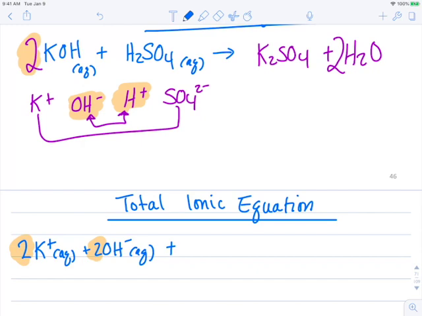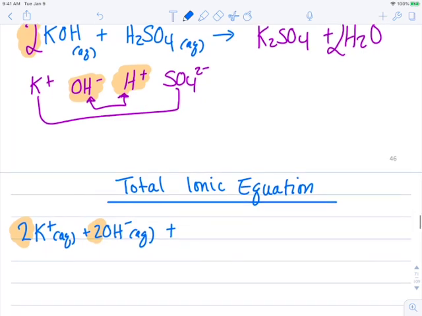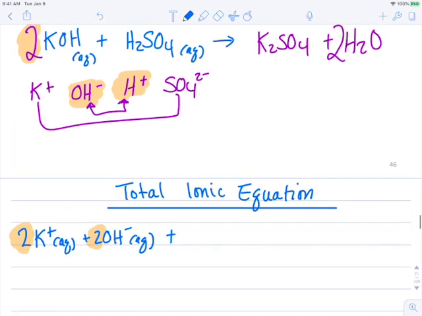All right, excellent. I'm seeing some strongs out there, and that is correct. It is a strong acid, therefore it's a strong electrolyte. So when we break up H2SO4, we're going to have 2H+ plus SO4 2-.